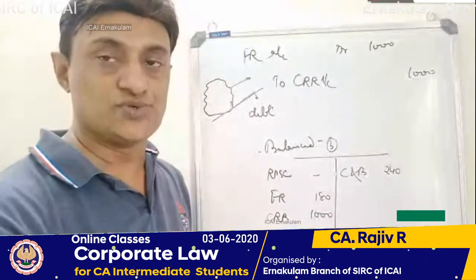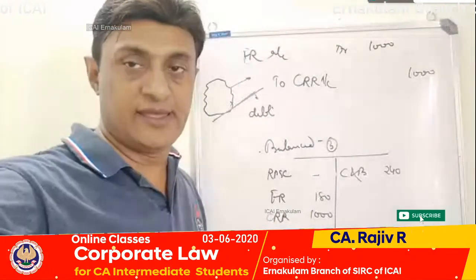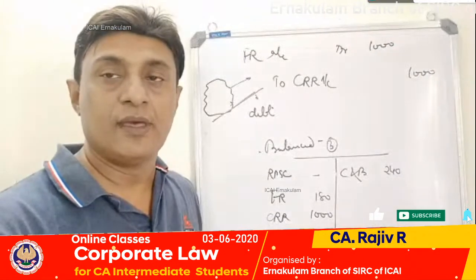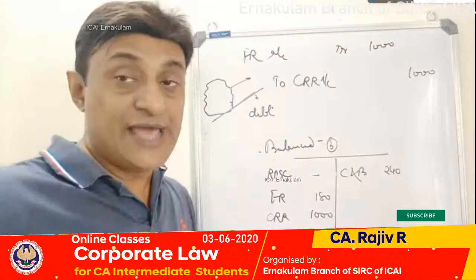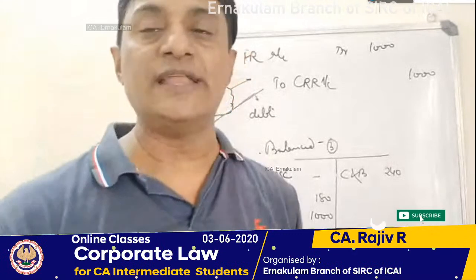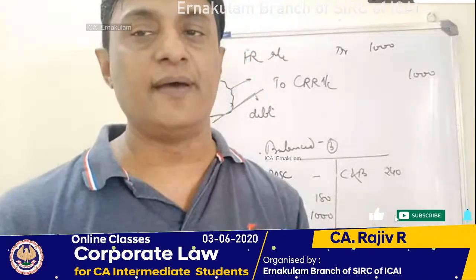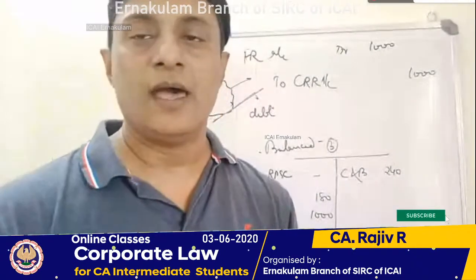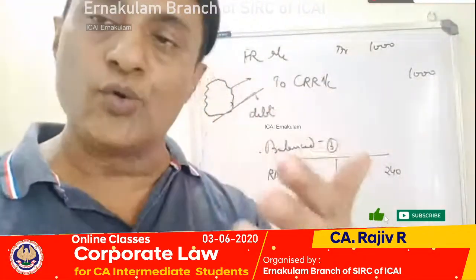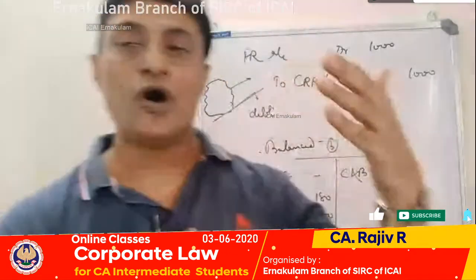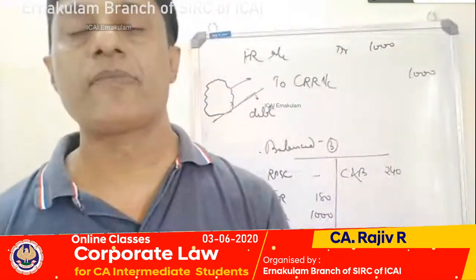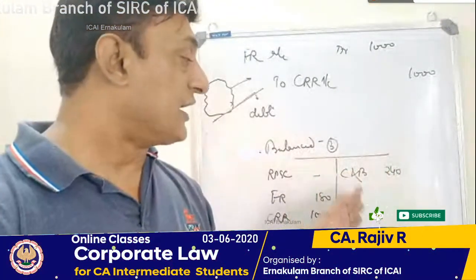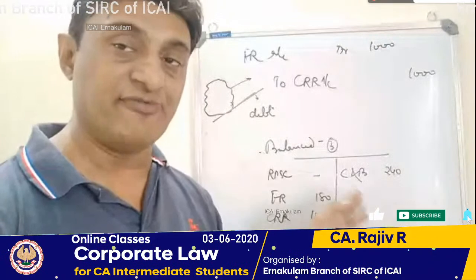Then that is being used for redeeming preference share capital, the face value of preference share capital. So the idea is to ensure that the creditors are protected. The creditors are protected only when the debt-equity ratio does not operate against them. So here, the requirement has been explained even with the help of an example.